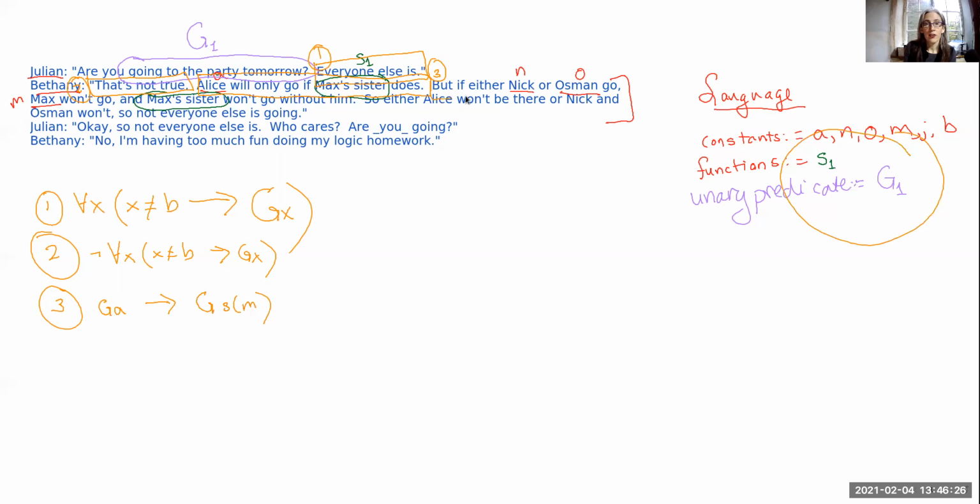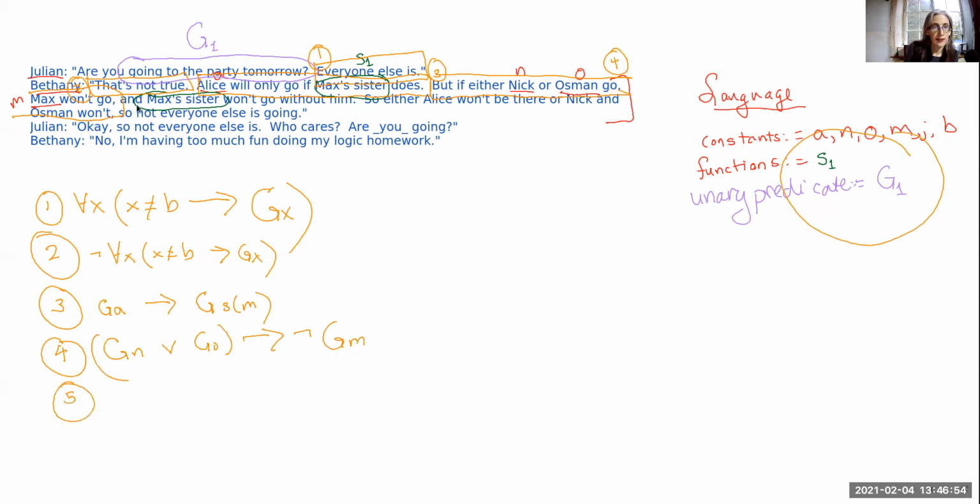Then we've got another claim, this one here, that if either Nick or Osmond go, then Max won't. So we've got if either Nick goes or Osmond goes, or both, because it's an inclusive disjunction, then it's not the case that Max will go.